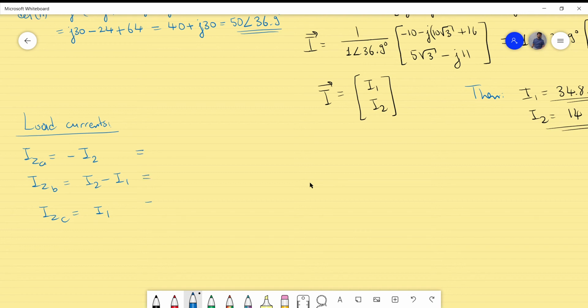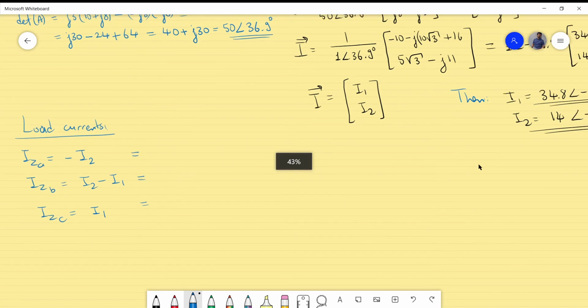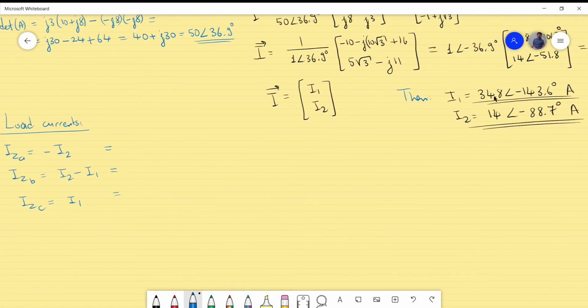Now I have all of those values because I already calculated them here. If I now substitute all those values for I1 and I2, the mesh currents here, I will have minus 14, phase minus 88.7 degrees. And I can use this minus as a 180 degrees phase shift and incorporate it here. I can have an expression with a plus magnitude. It will be 14 with a phase of 91.3. So I add 180 degrees here. And this is for the first load current.